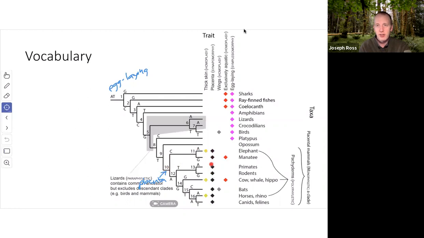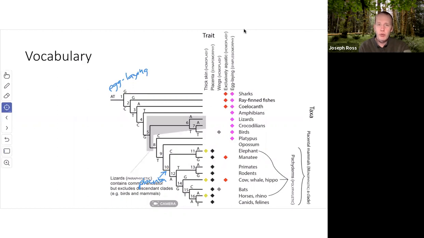Those are the traits, synapomorphies, that we want to build phylogenetic trees with. Not symplesiomorphies. Those are ones where some members of a group, but not all of the members of the group have it. So this whole tree is a clade, but the whole clade does not have the trait of egg laying. Some of the species do, and that's called a symplesiomorphy.